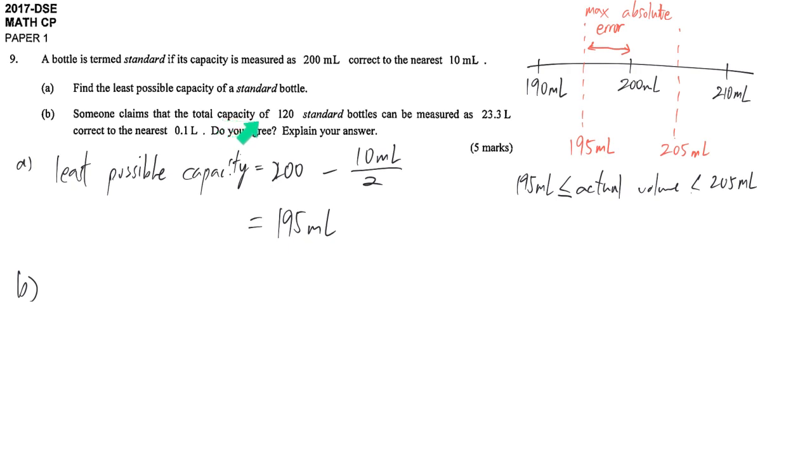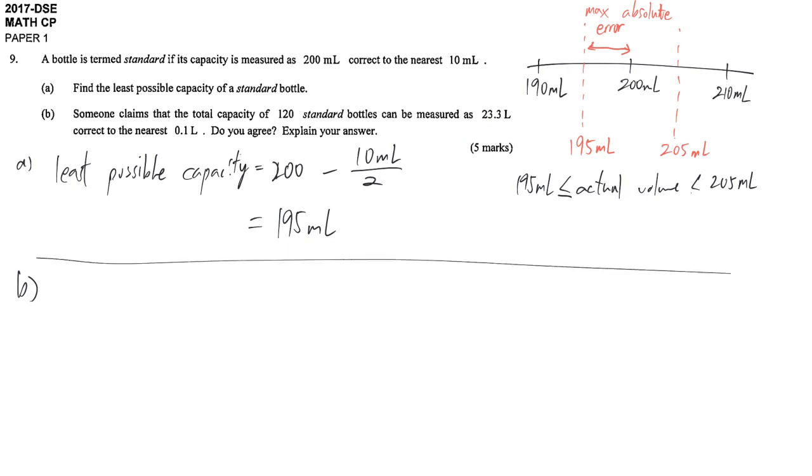Part B, they say that the total capacity of 120 standard bottles, that means this situation, can be measured as 23.3 liter, correct to nearest 0.1 L. Do you agree? I strongly suggest your strategy should be to calculate the actual volume of 120 standard bottles, and then follow this criteria to round off the results and see whether it can be this value. I think this is the clearest method.